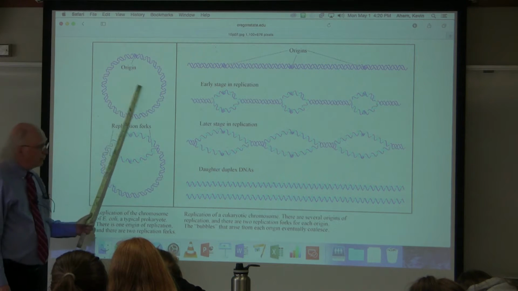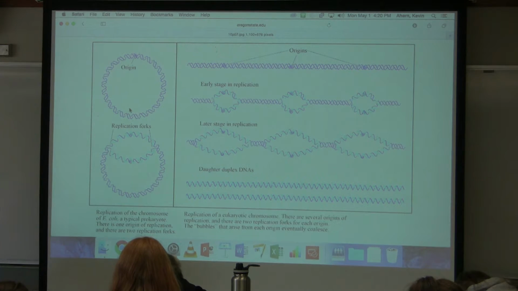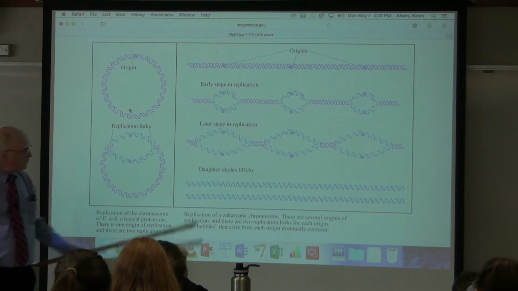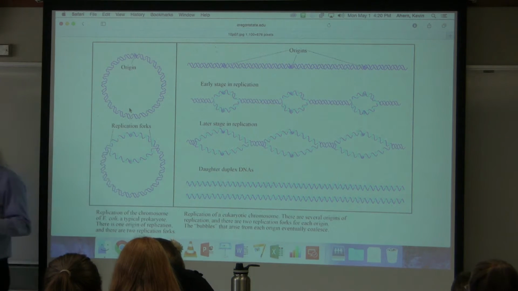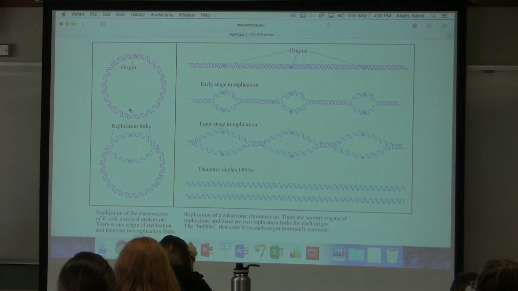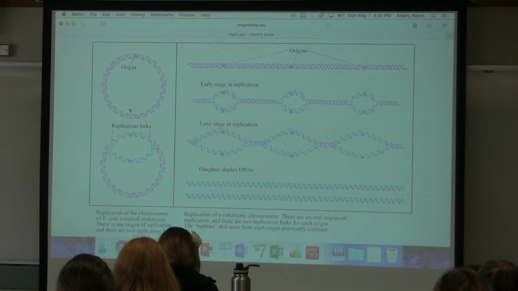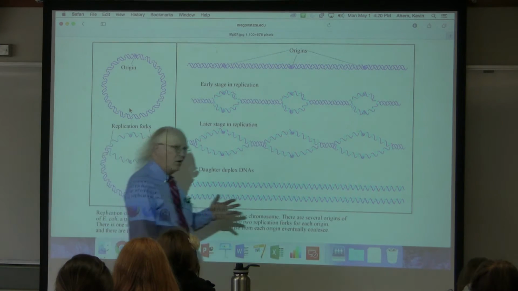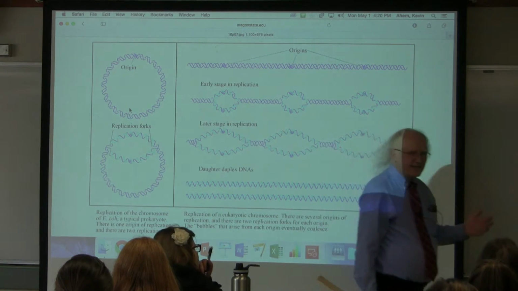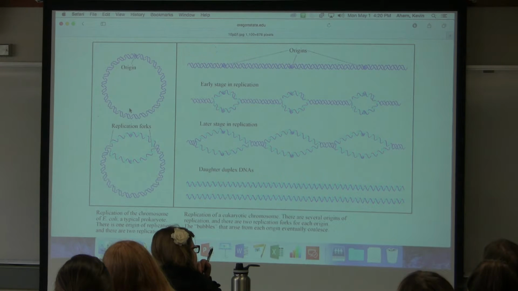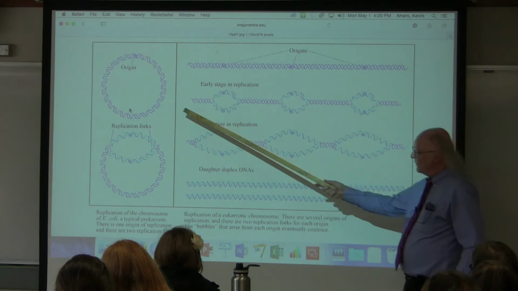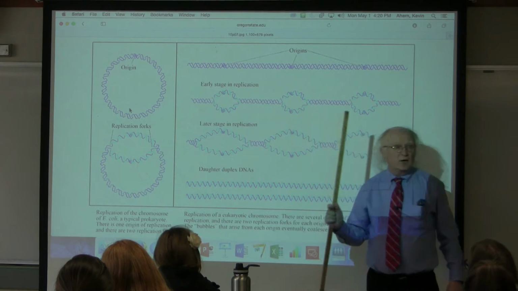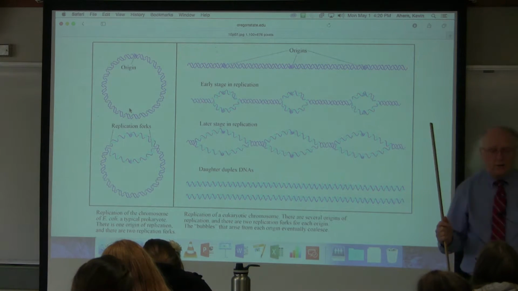When we look at prokaryotic cells, that is bacterial cells, and we compare them to eukaryotic cells, we tend to see something very different in the overall process. As we will talk about later, when I talk about the enzymes that are involved, the enzymes really aren't that different between prokaryotes and eukaryotes. However, the organization of the DNAs themselves is quite different.